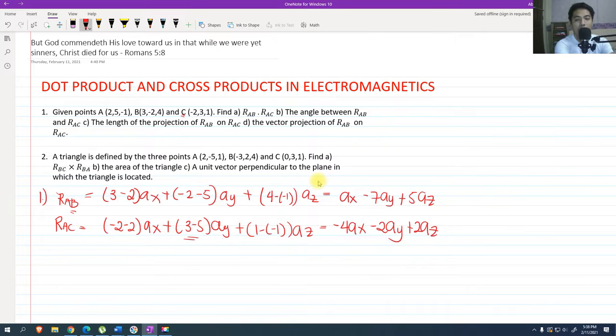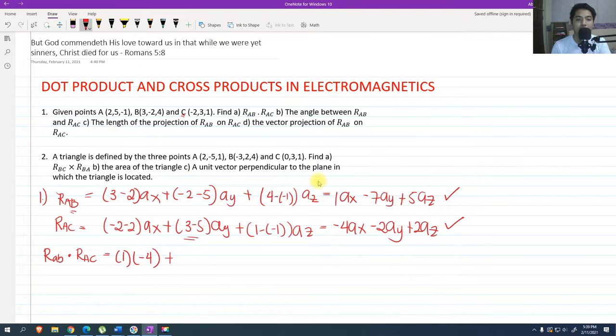So when we get the vectors R_AB and R_AC, we can find the dot product. If it is in terms of the unit vectors AX, AY, AZ, we can simply get the dot product R_AB dotted with R_AC by summing the products of each component. For R_AB we have a coefficient of 1 for AX, and negative 4 for R_AC, that's the product.